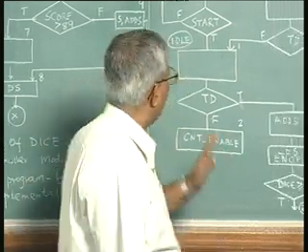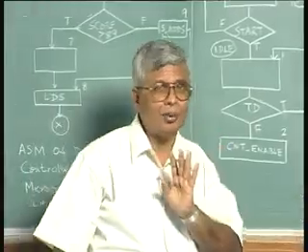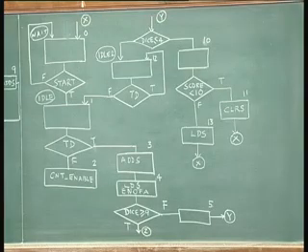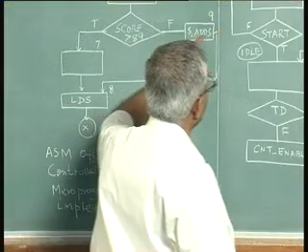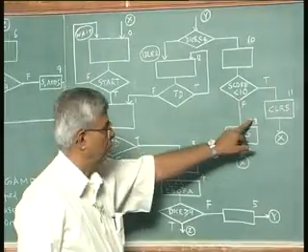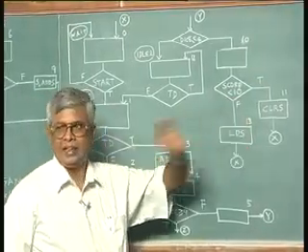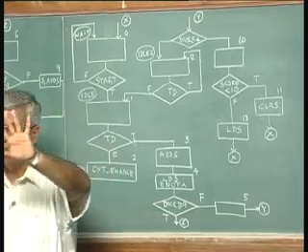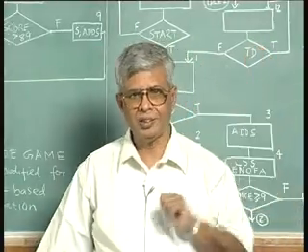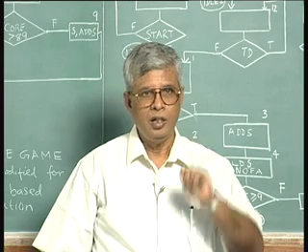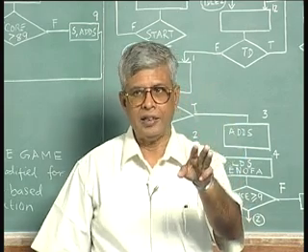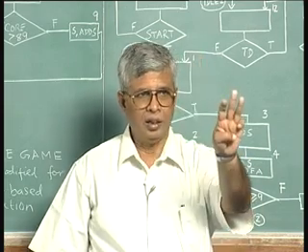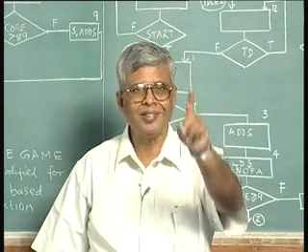The previous ASM had 6 states. Now, you can see here, starting from 0, the highest number is 13, that means a total of 14 states. 14 states require 4 state variables. The earlier ASM had 6 states, which required 3 variables, that means I am increasing 1 state variable.